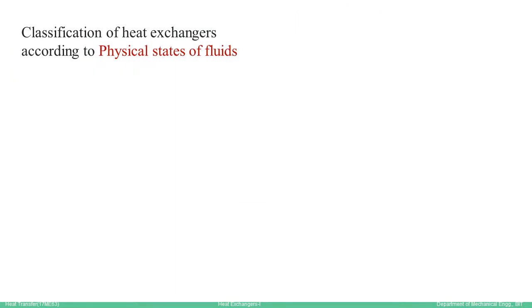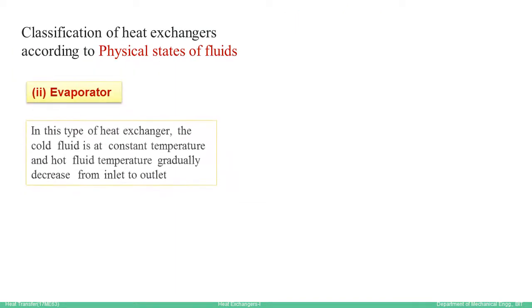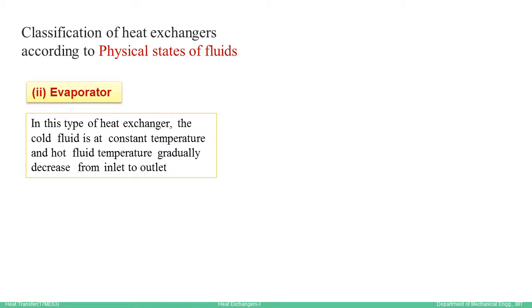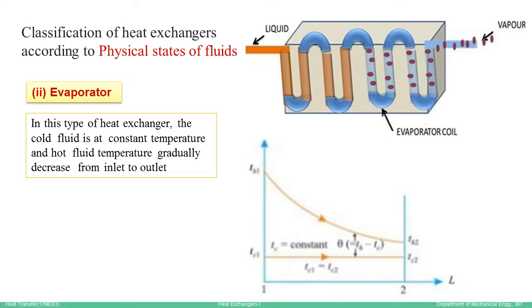Let us see that. For an evaporator, the temperature of the cold fluid remains constant, whereas the hot fluid temperature gradually decreases from inlet to outlet. Usually in an evaporator, there will be an entry of liquid, and when it comes out, you can see the vapors of that liquid.